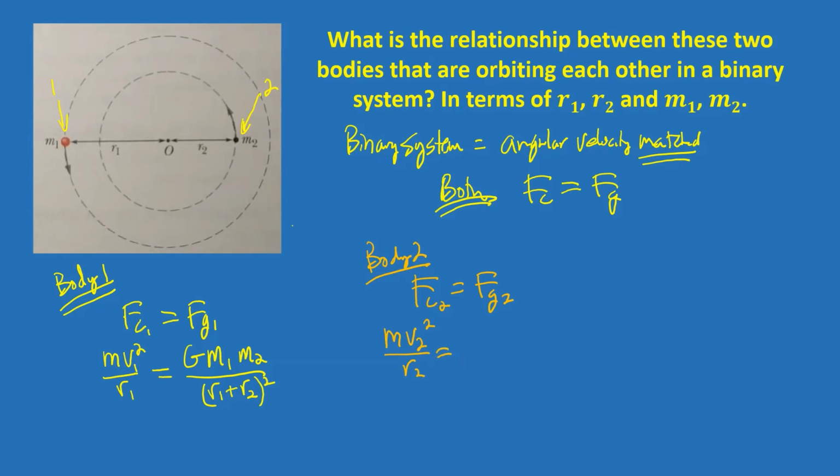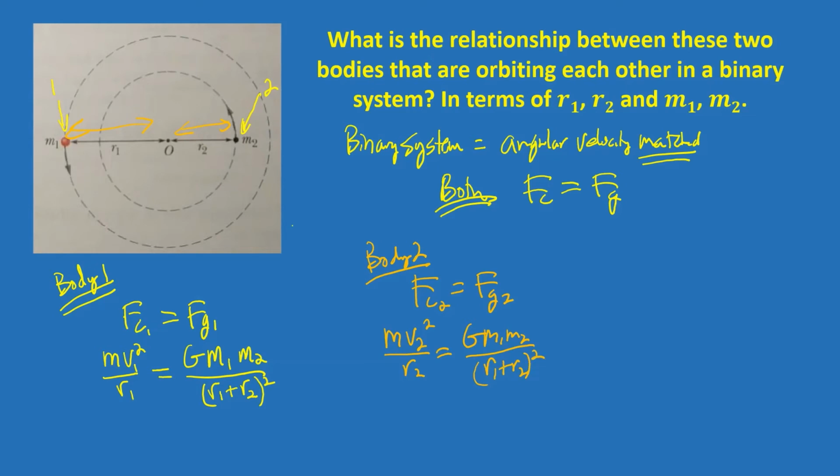Right, so because this guy, the second one is orbiting in the shorter radius, right? This R2, whereas the R1 was the first mass was orbiting at a little bit further away. And so we know that that is going to be equal to G m1 m2 over R1 plus R2 squared.